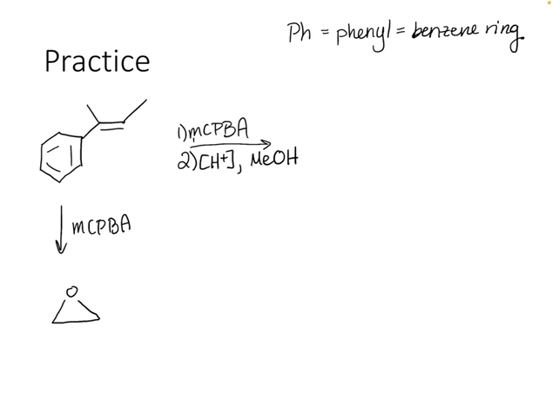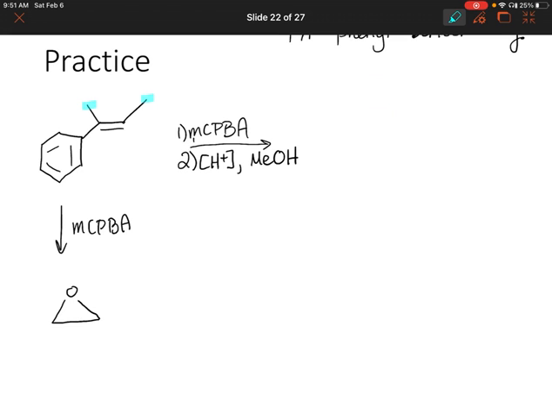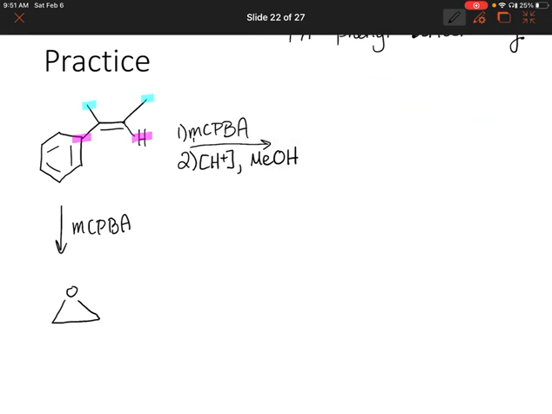and now I need to draw in my substituents. And I'm noticing that my two methyl groups are cis to each other. And then there's also a hydrogen on that carbon. And the hydrogen and the phenyl group are cis to each other. So I'm just going to arbitrarily draw the methyl groups as wedges. You could also draw them as dashes.